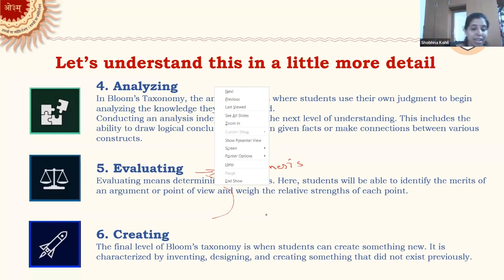Does anybody want to share anything they have observed in their class under this level, creating? Purnima ma'am, Sundari ma'am. You have not experienced anything where a child has come up with something new, creative?